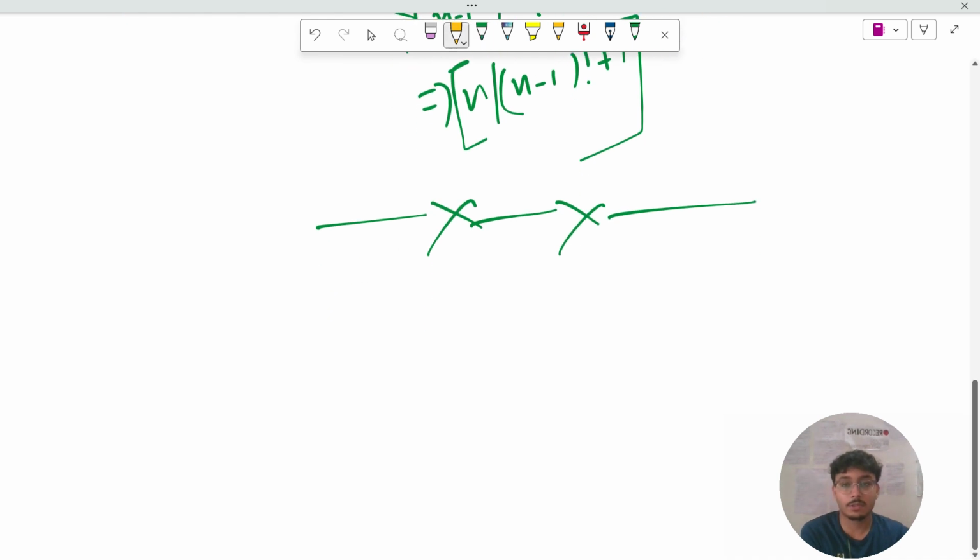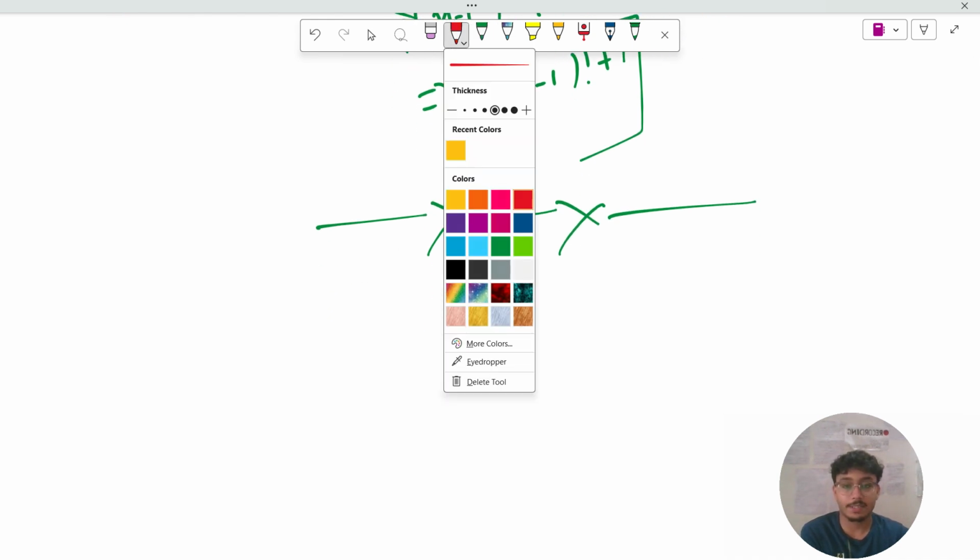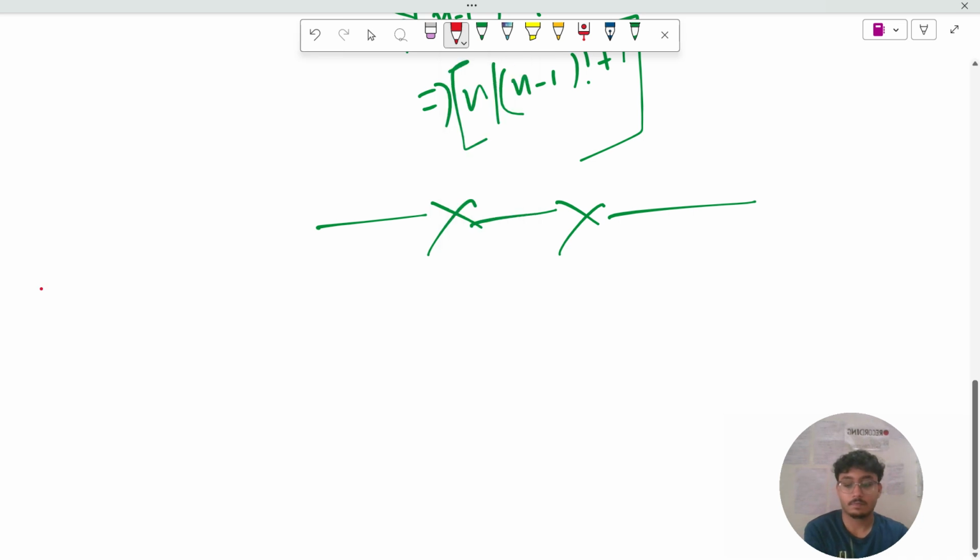Now we start with AP, GP and HP. That is my progressions.